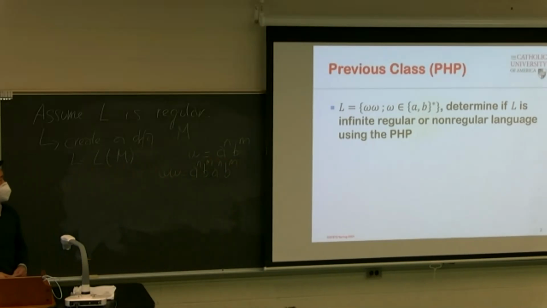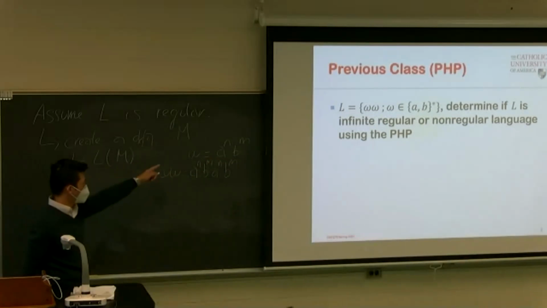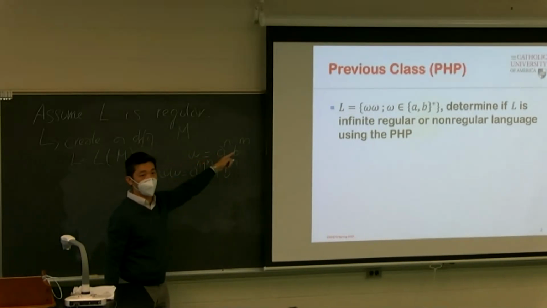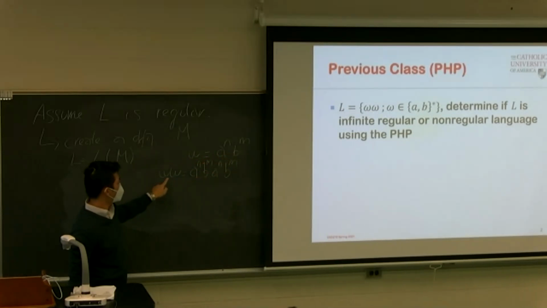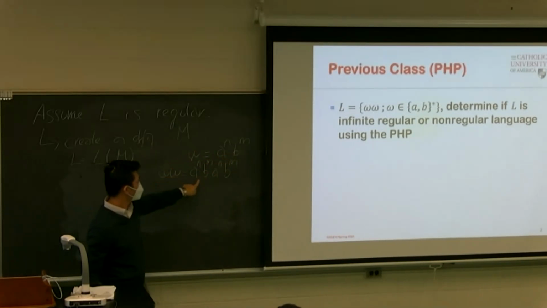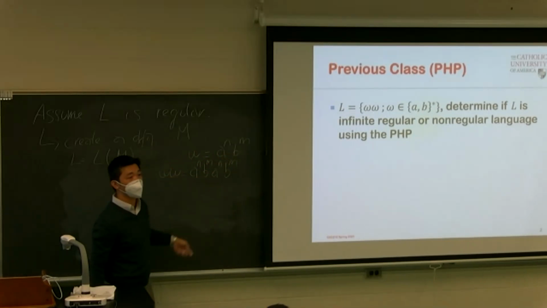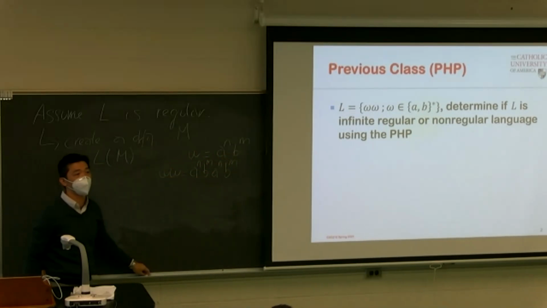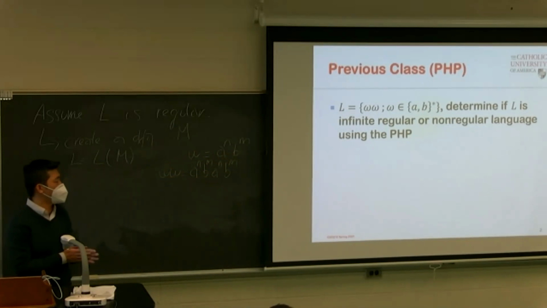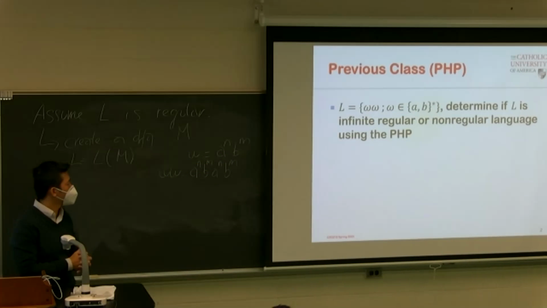So now, suppose we pick this string, W is A to the N and B to the M. Then the language L would be W dependent on W, meaning that we get this string. That's how we are going to show it using the extended transition function.